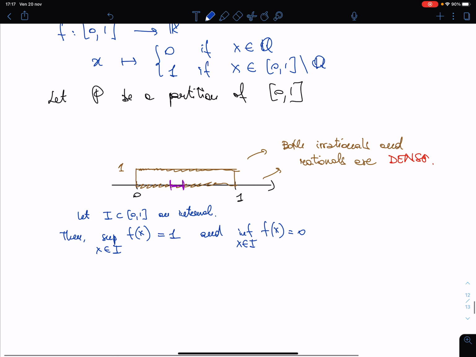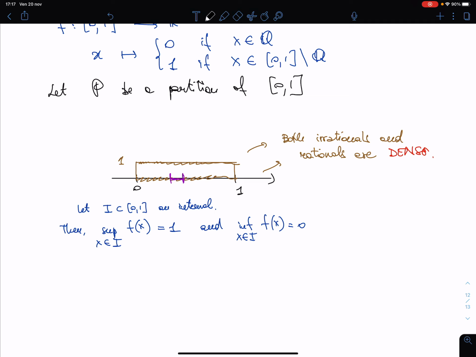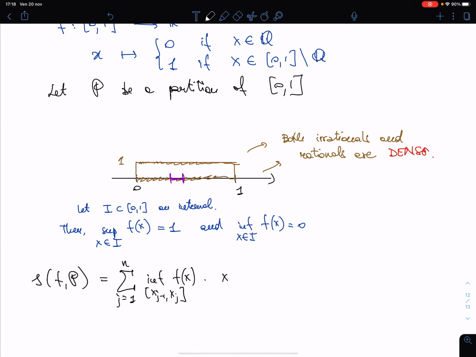Therefore, let's go to lower sums, and so you have that the lower sums s(f,P), which are the sum for j from 1 to n of the infimum of f of x in [x_{j-1}, x_j] times x_j minus x_{j-1}.